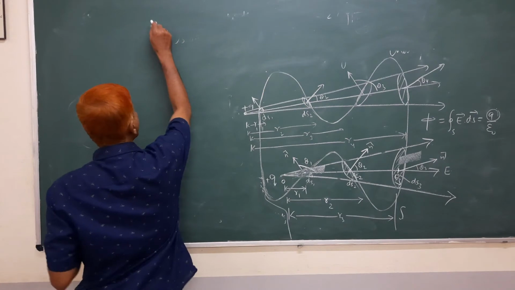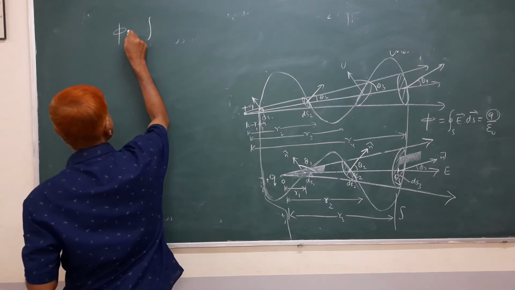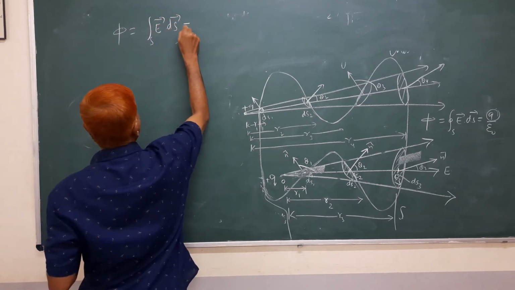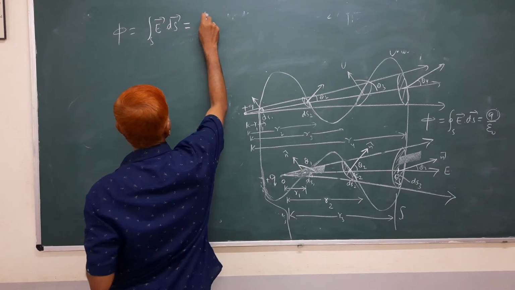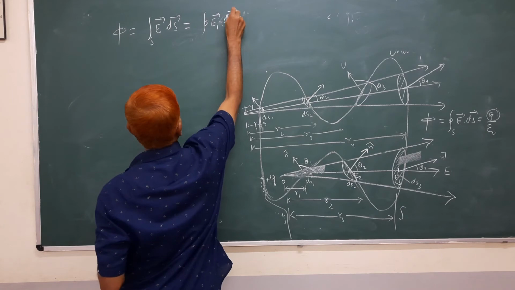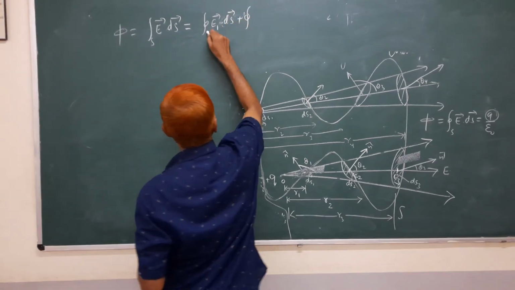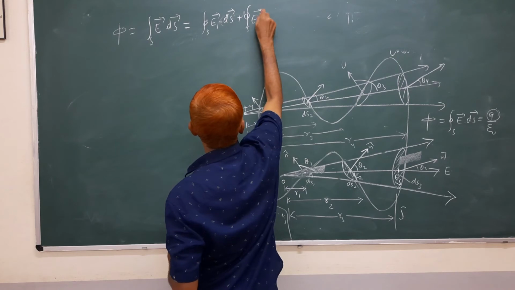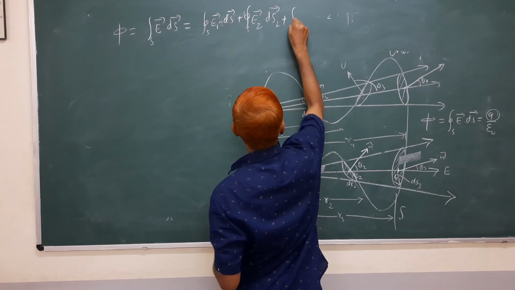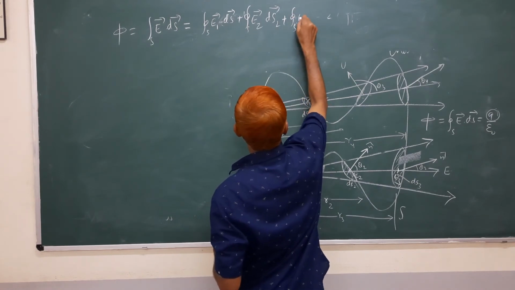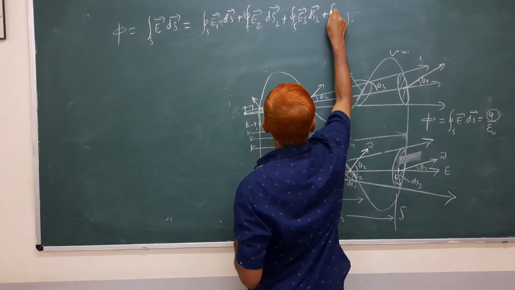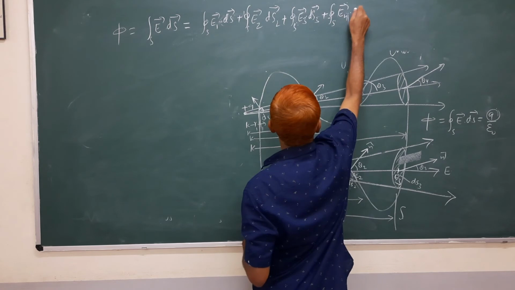So in this case, the total flux phi is equal to the surface integral E dot ds, which becomes the surface integral E1 ds1 plus E2 ds2, again entering, E3 ds3, and E4 ds4.